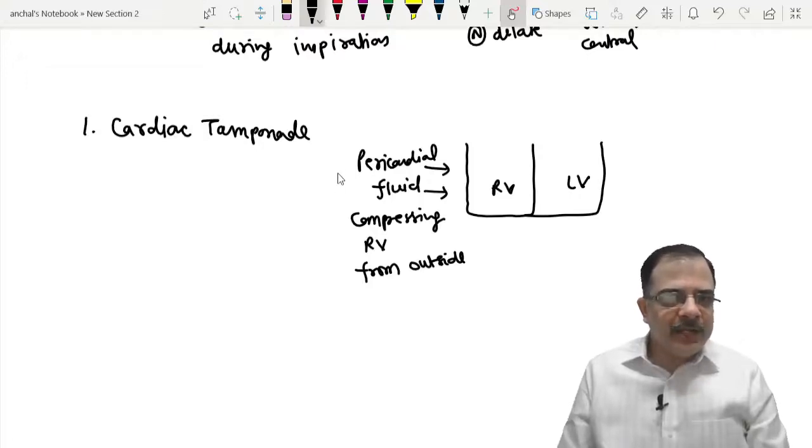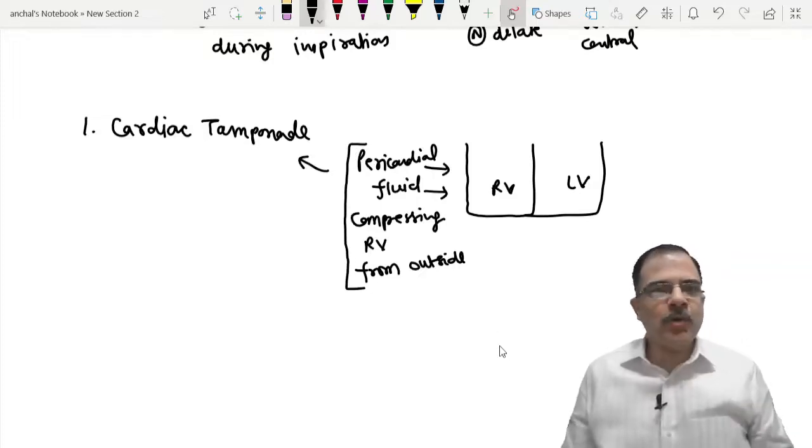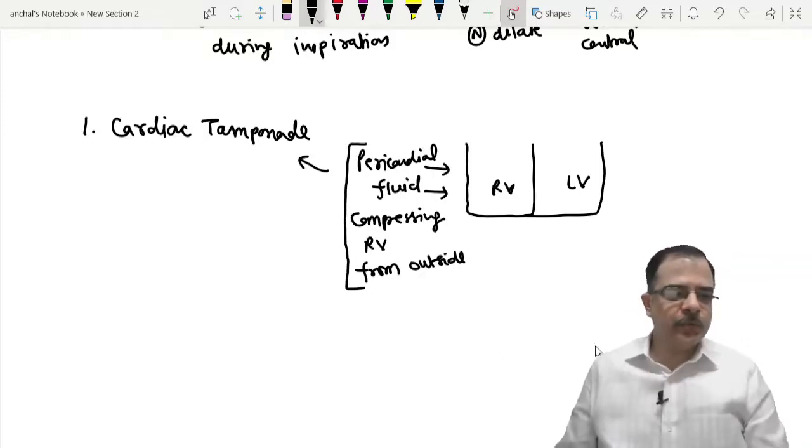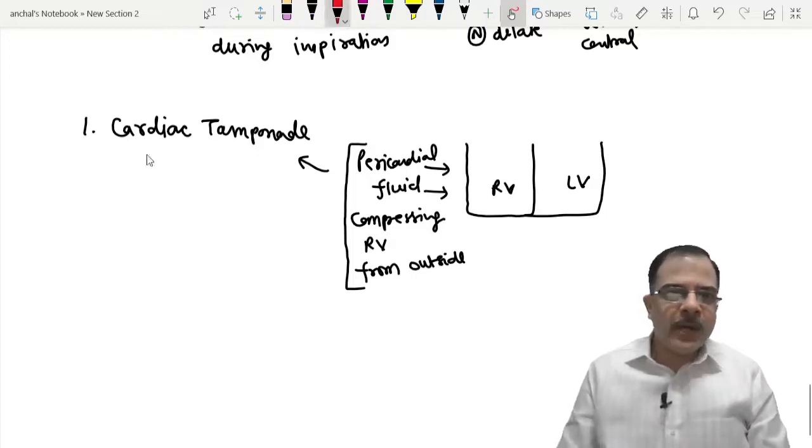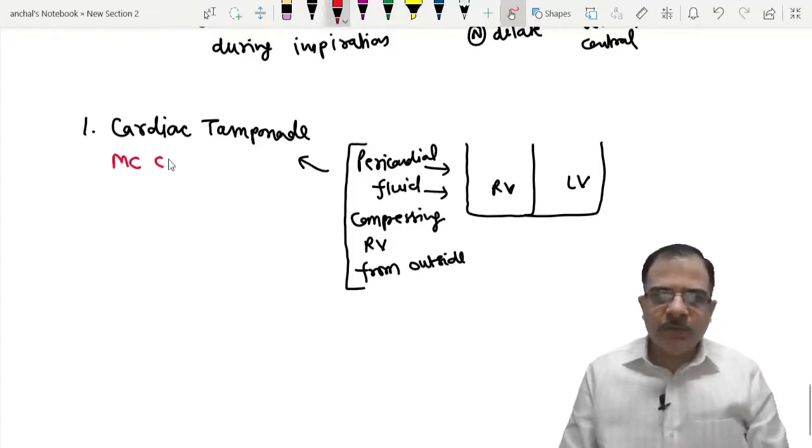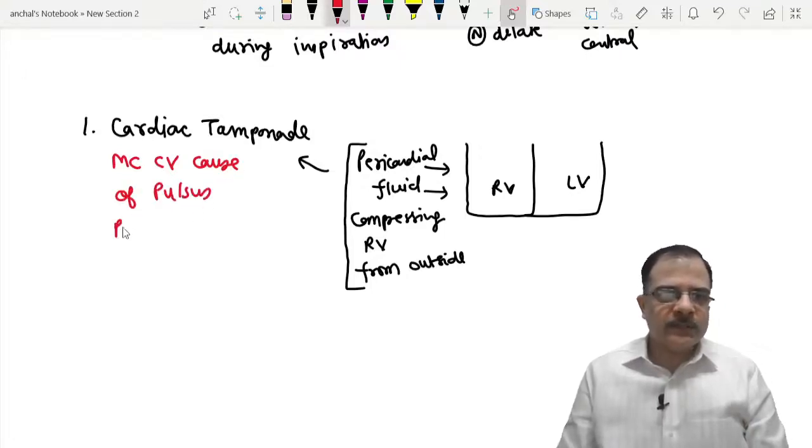It is pericardial fluid which is compressing the right ventricle from outside. This is the most common cardiovascular cause of pulsus paradoxus.